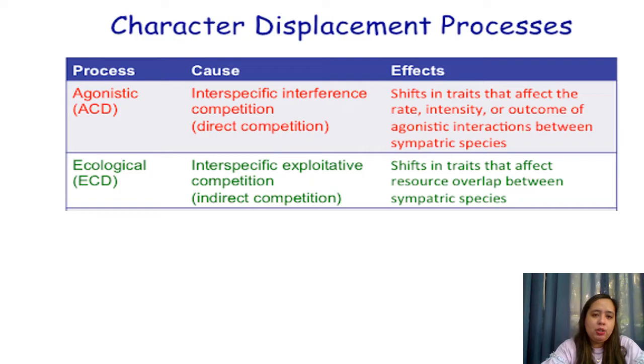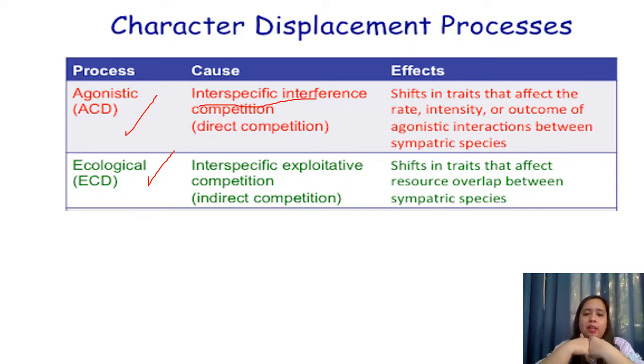Exploitative competition. So, meron naman tayong interspecific, ang process, yung isa agonistic, yung isa ecological. So, pag interspecific interference naman, ito yung two population, they will fight directly, maglalaban sila in an agonistic agony, meaning magsasakitan. No?